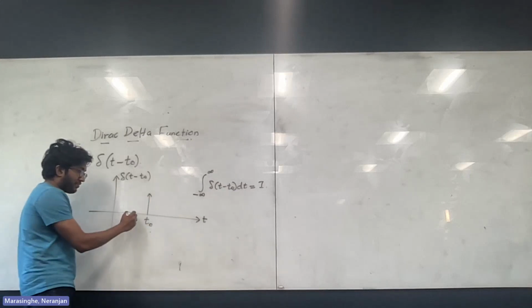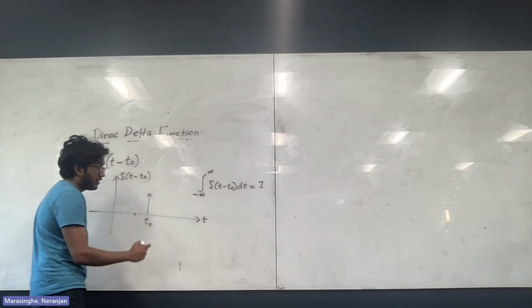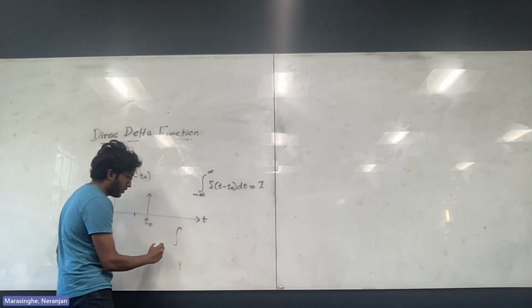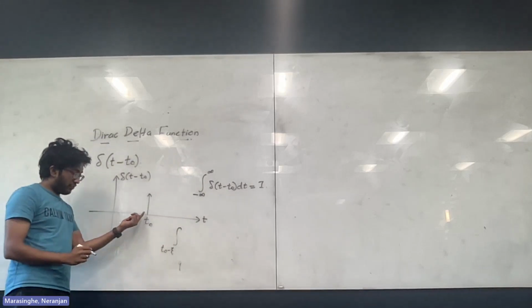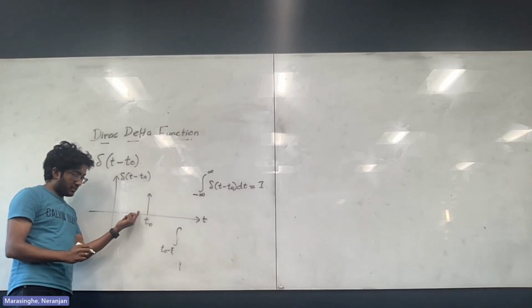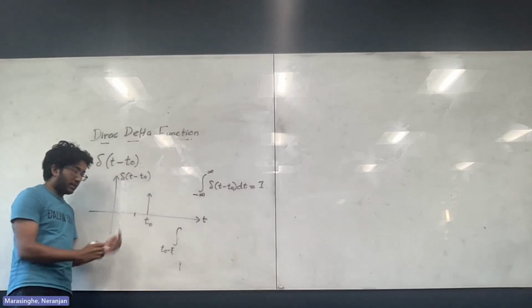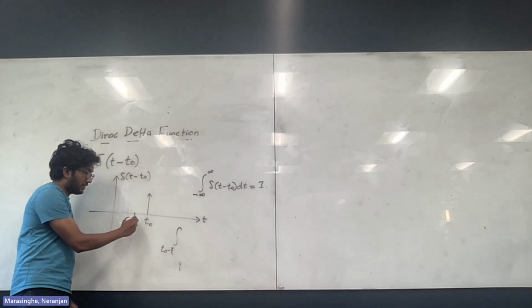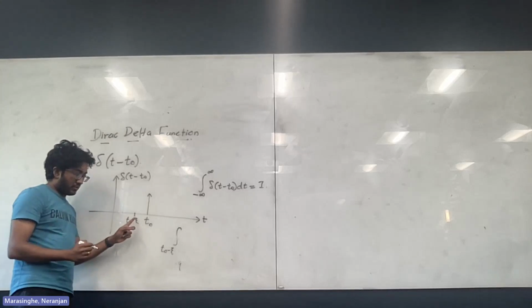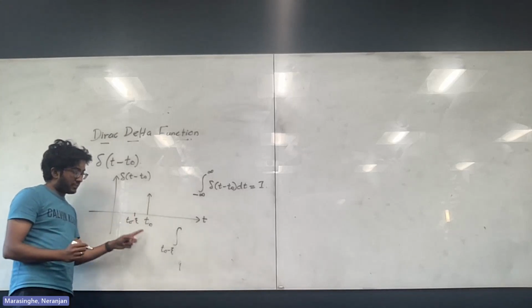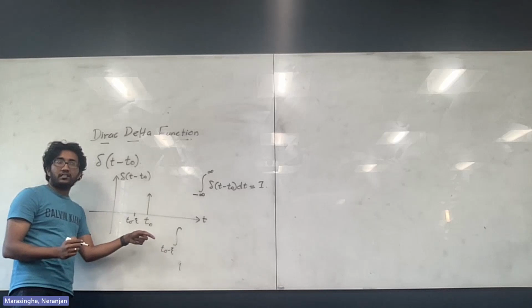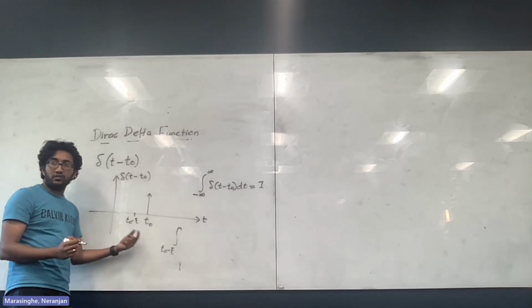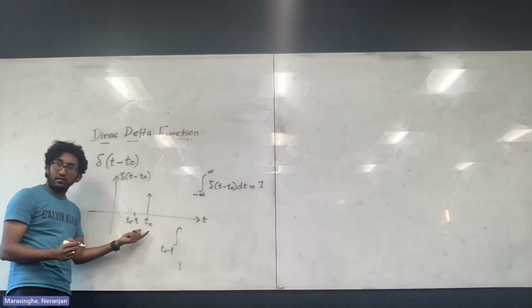So if you start somewhere here, for example, if you integrate the delta function from t naught minus epsilon, t naught is here, I would walk epsilon distance along this direction, right? So t naught minus epsilon is somewhere here. So if I integrate the delta function from t naught minus epsilon to infinity, then I have to go through this spike, right? So if you go through that spike, your area would always be 1, right?